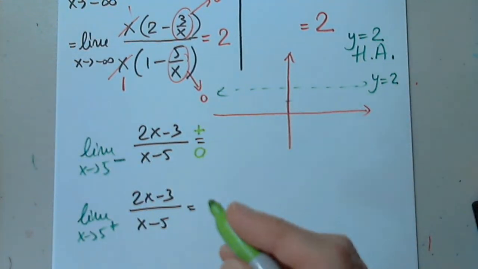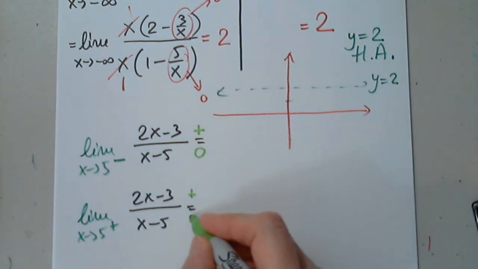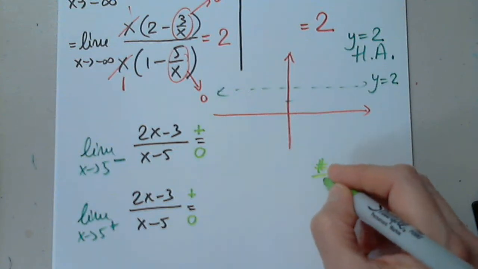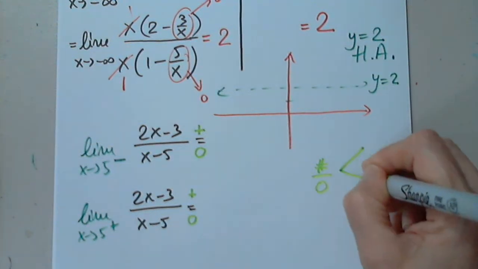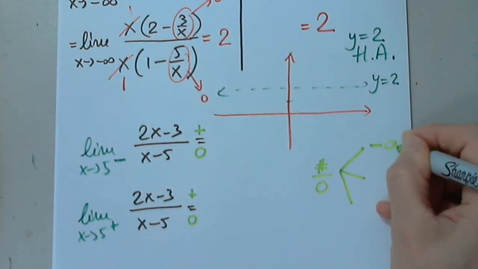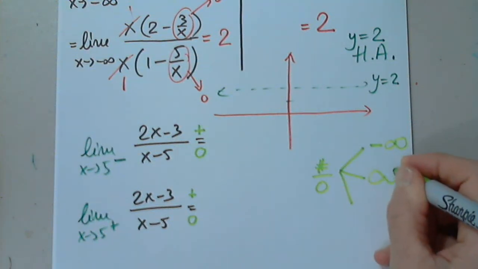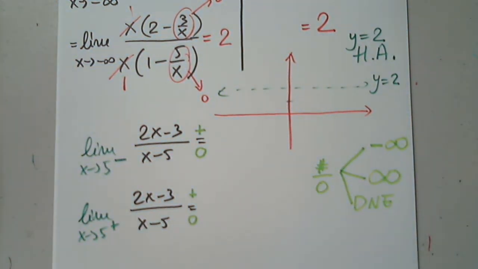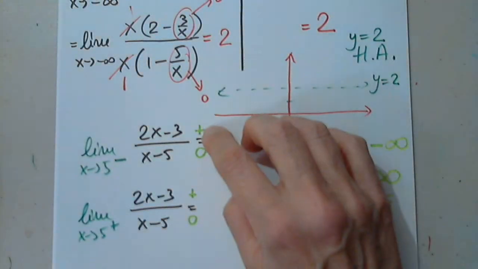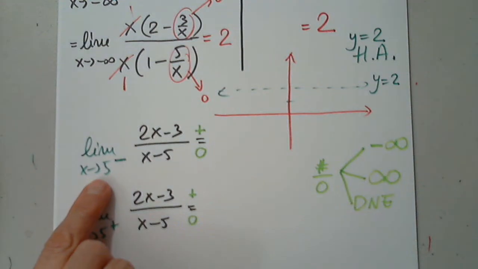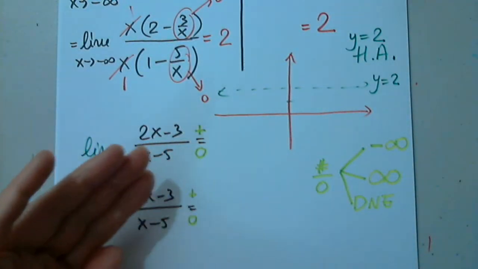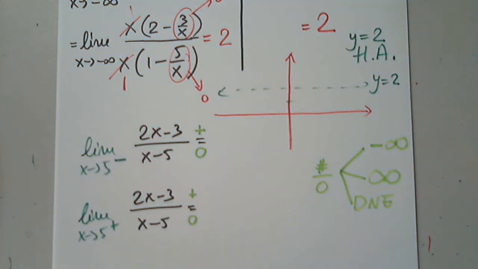But no, we can never conclude that. Remember, a number over 0, let's review this. It's very important. I can get negative infinity, I can get infinity, or I can get DNE. So I cannot draw a conclusion before I check. The top is positive. Can you please give me a number from the left of 5? Tiny, very close, I meant to say. Very close to 5 from the left.